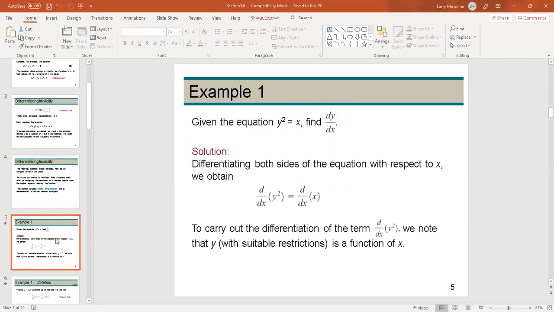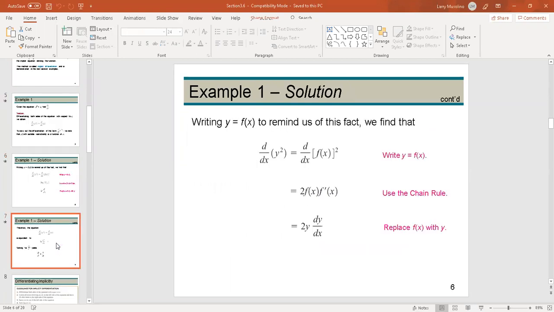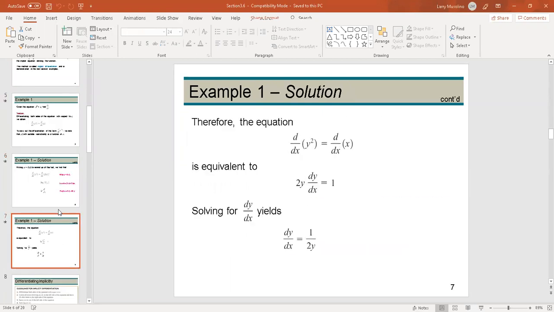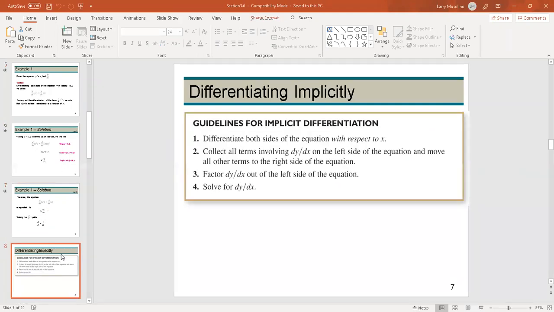All right. Now, let me jump to an example from WebAssign, and also let me explain how we're going to do this. When we have a function where you can't get y by itself on one side, we're still going to take the derivative of both sides of the equation.